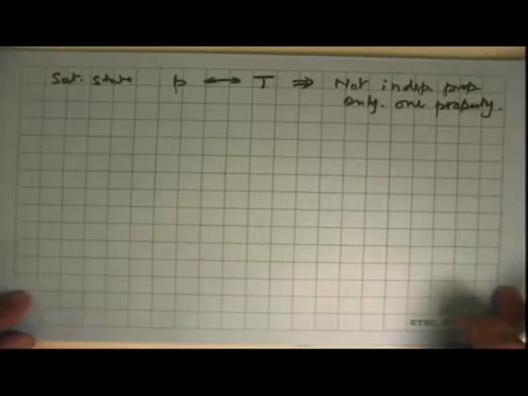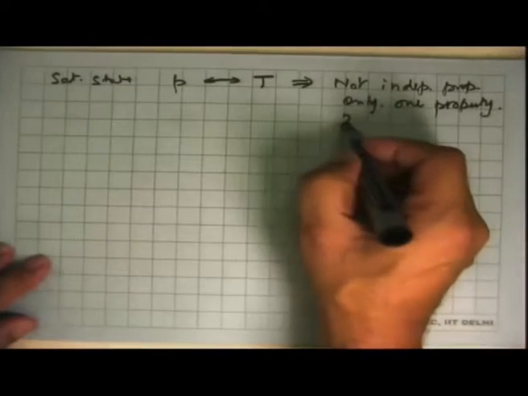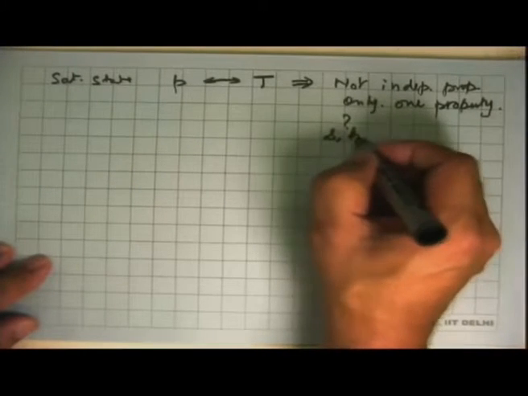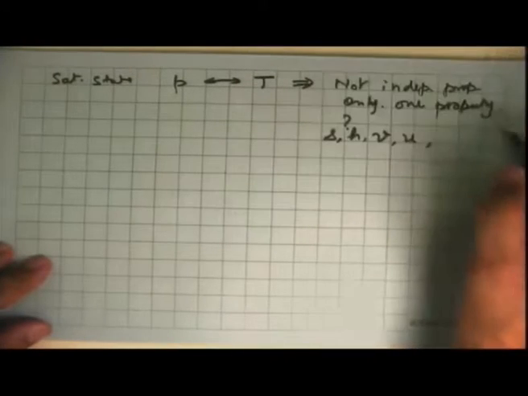To completely specify the state, we need some more information. That information can come either from data on S or H or V or U. But we introduced one more parameter that will complete this definition of the state, which we called X, the dryness fraction or the quality.